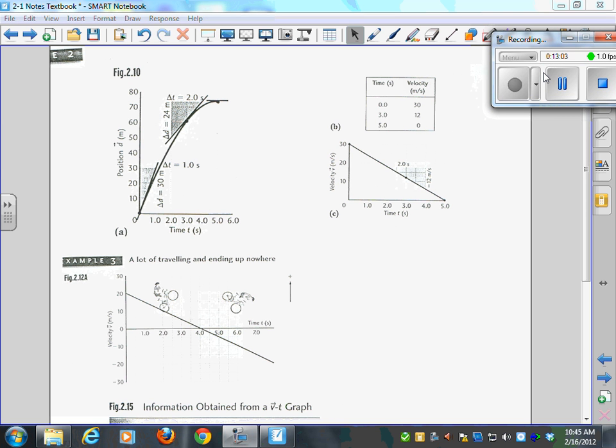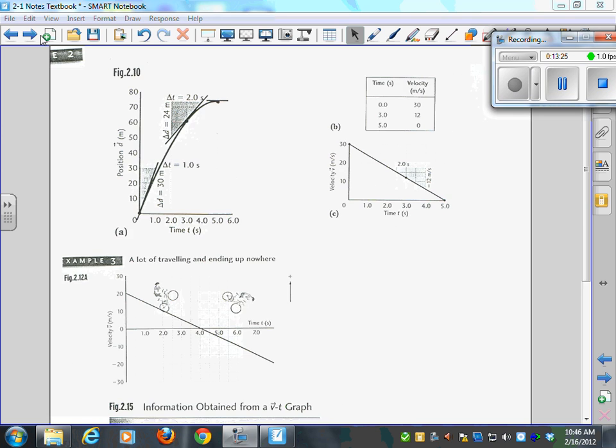We're on the top of page 42. The velocity is positive, the acceleration is negative. Or the velocity is negative and the acceleration is positive. They have opposite signs. Okay? Different directions. If they're opposite, it's slowing down. Let me put it this way.